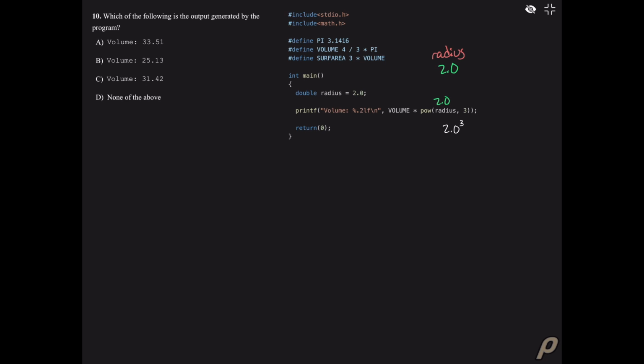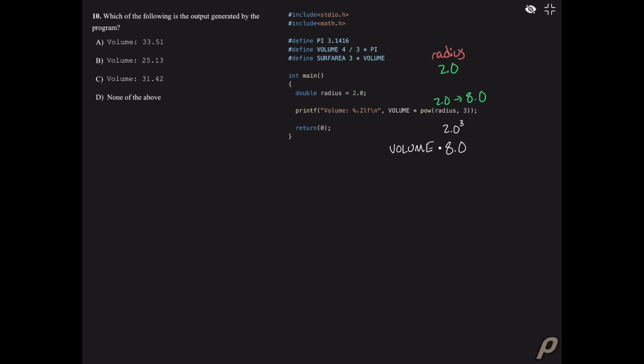And as we know, 2.0 to the third power is going to be 8.0, as we have to keep the type of variable that we had, because it was a double, so that remains a double, so it's still 8.0. So then what we are left with is volume, which is a defined constant, as we'll see at the top, times 8.0. Okay, so we've got to figure out what this volume is.